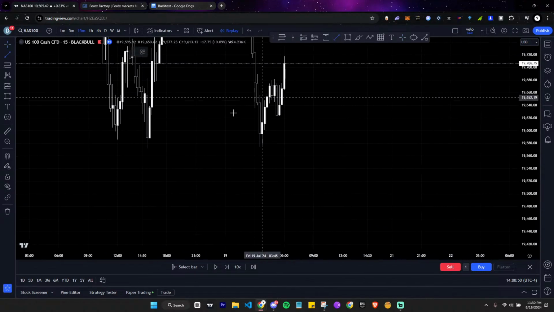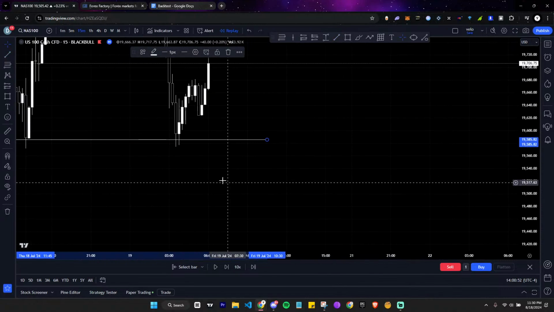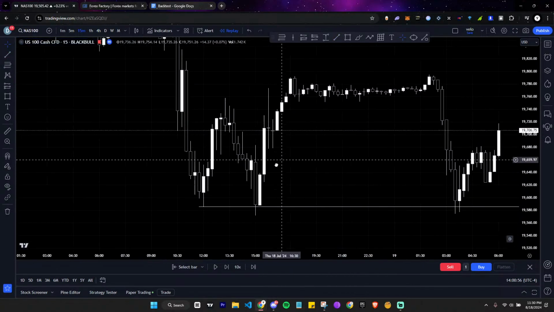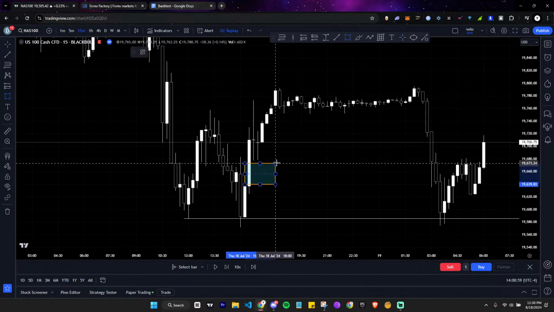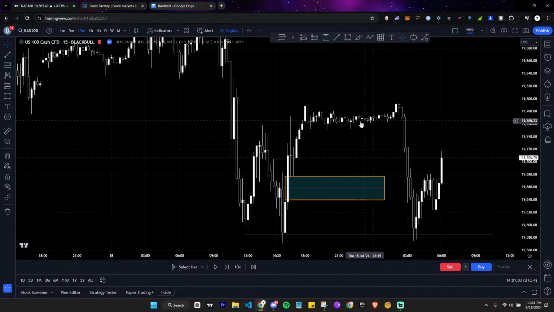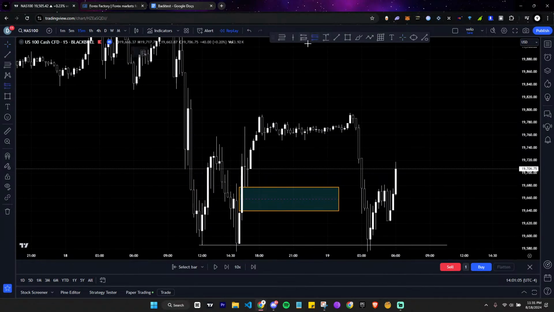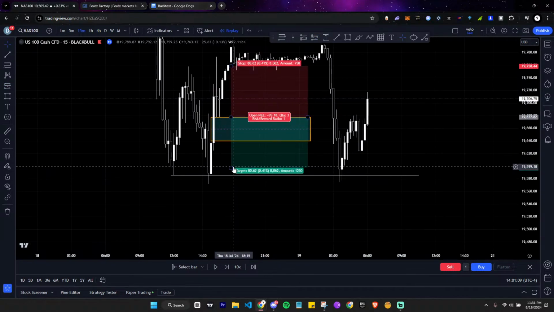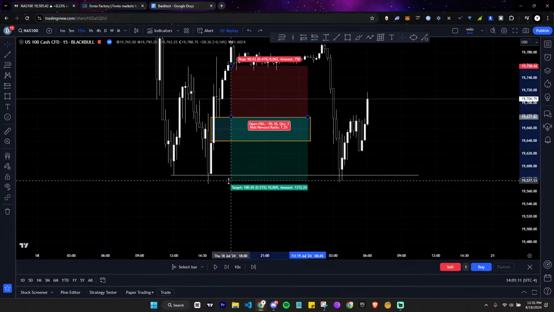Okay, so we see these sweeps. So you see this first sweep, right? Right after it displaces above, there's a fair value gap, which is tapped right after. But because of the RR, I wouldn't be entering in the first place.